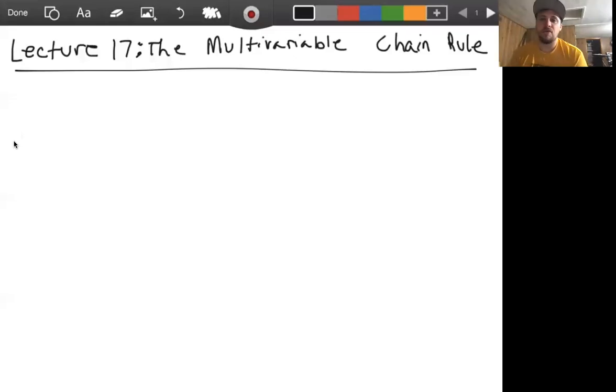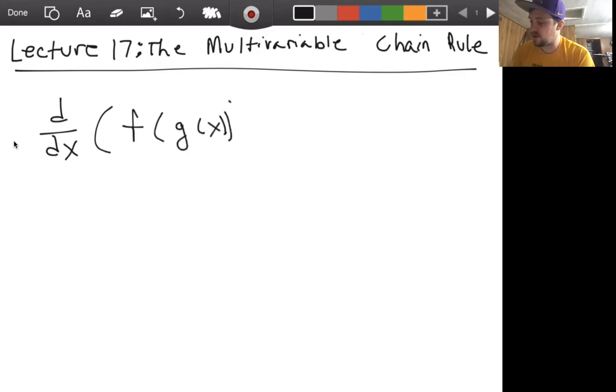When we were studying single variable calculus, we learned how important the chain rule was. Once we learned how to take derivatives, we learned that if you want to take the derivative of a function that is really a function of another function, we had to use the so-called chain rule.